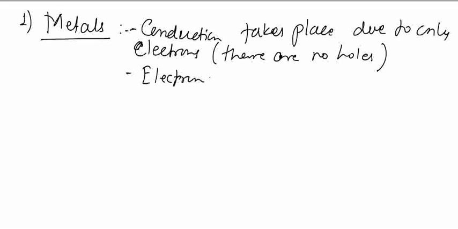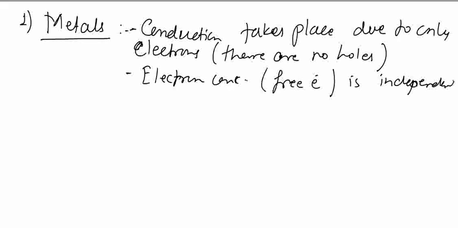Also, metal possesses one property: the electron concentration, I'm talking about free electrons only, is independent of temperature. Means if we are increasing or decreasing the temperature of the material, it will not have any effect on electron concentration.